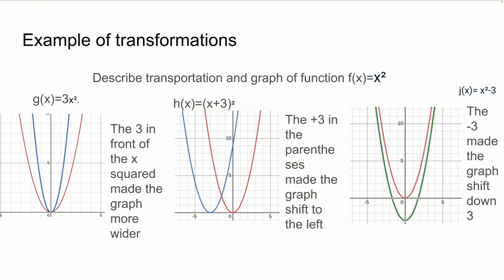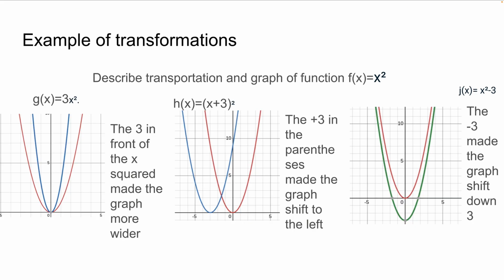The red is the original function, and after we added the negative 3 to the equation, we can see a shift down 3 units on the y-axis. And then for the middle function, it shifted 3 units to the left because of the positive 3. And here on the first one, it just made it wider because of the x squared.